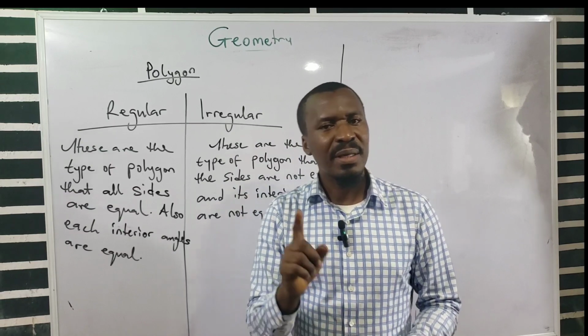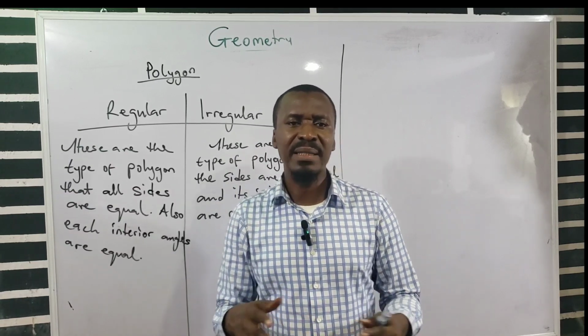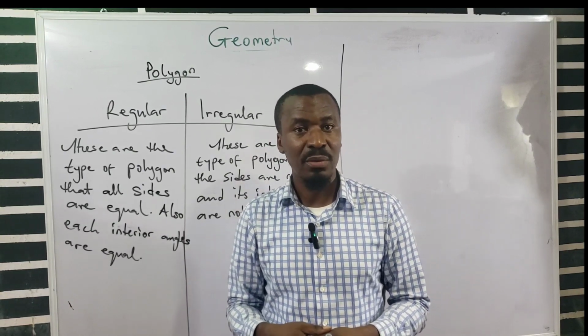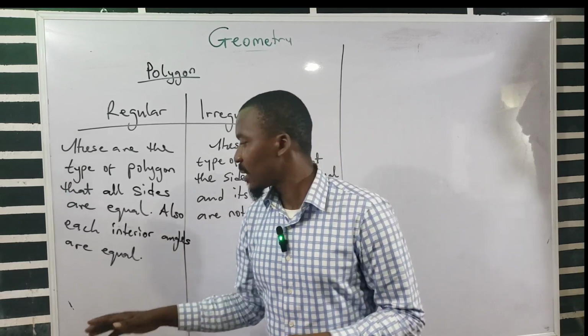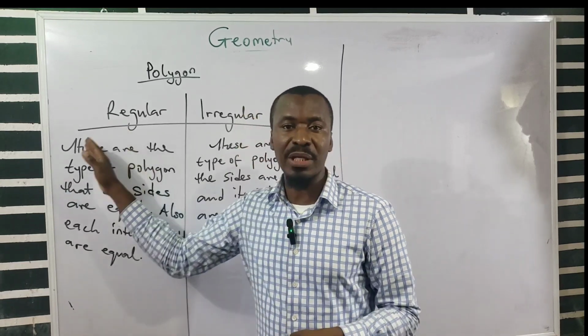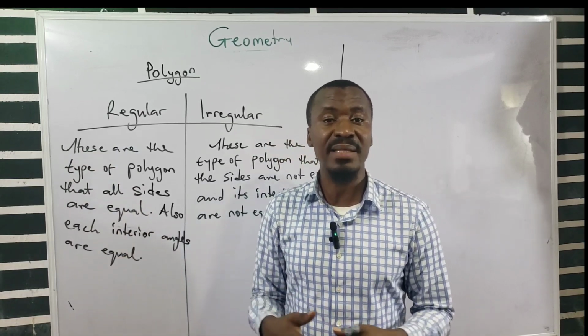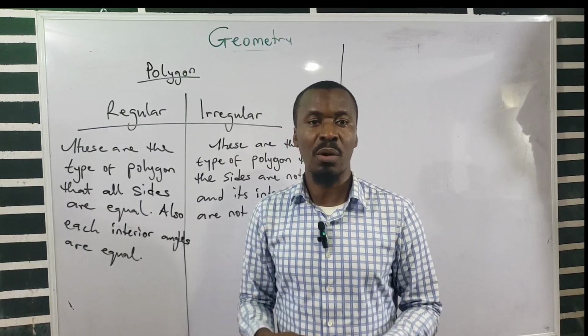Equal. It's possible that the sides are equal and the interior angles are not equal. For example, we have rhombus. Rhombus is not a regular polygon, but one can argue that the sides are equal. Yes, but the interior angles are not equal.